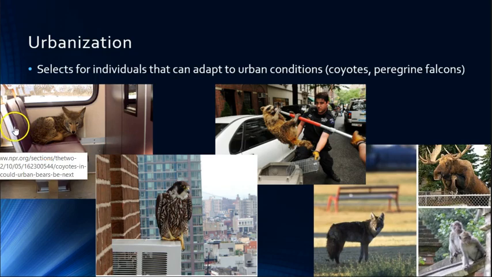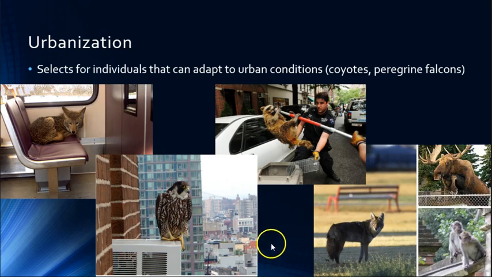This is a coyote. There's a story about this on NPR, this little coyote in Portland that is taking a ride on public transportation. Over here you have a peregrine falcon perched on an air conditioning unit. Peregrine falcons have taken really well to high-rise buildings. They've replaced the cliffs, and so they are doing a great job making skyscrapers and high-rise apartments their homes.